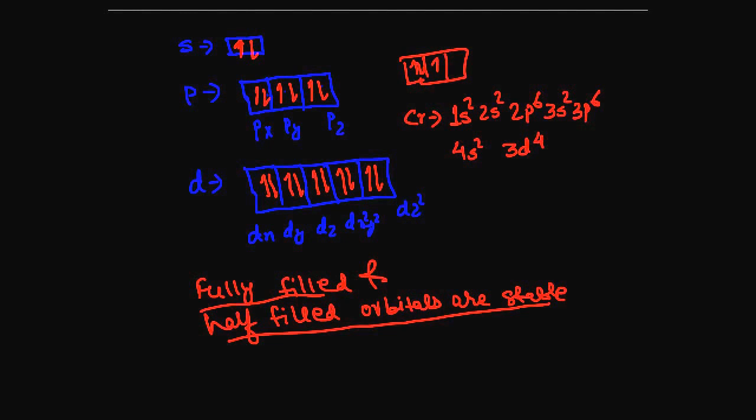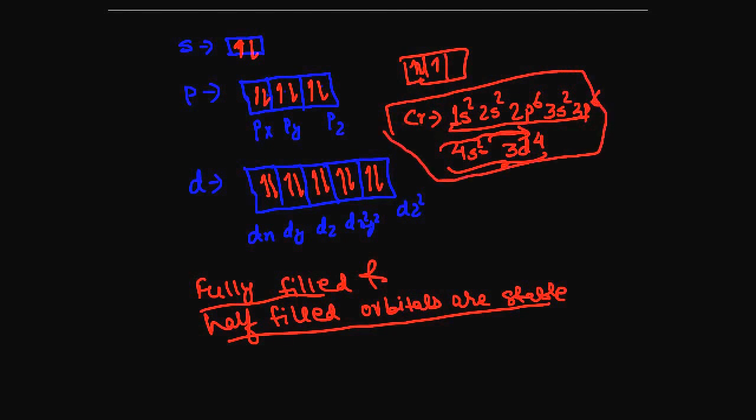But what has happened is that one electron from the s orbital transfers to the d orbital, and all others are the same. The change is seen in just these 2 orbitals. So it should have been this: 1s2, 2s2, 2p6, 3s2, 3p6, 4s2, and 3d4.